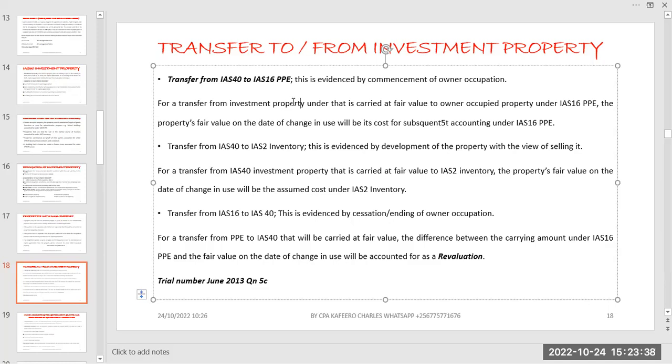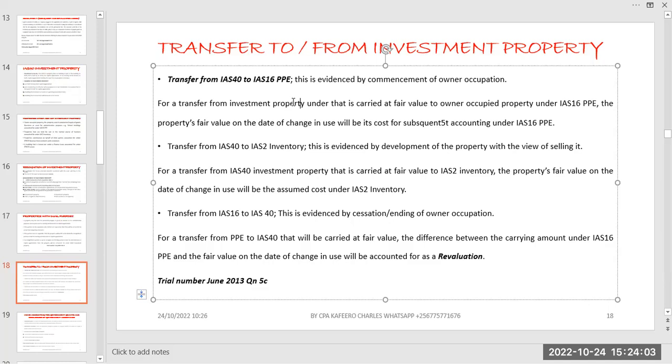Has it been put to an office? Has the company occupied that room, or has it been given out? So we are saying transfer from IAS 40 to IAS 16 is evidenced by commencement of owner-occupation. That's the first thing you recognize.